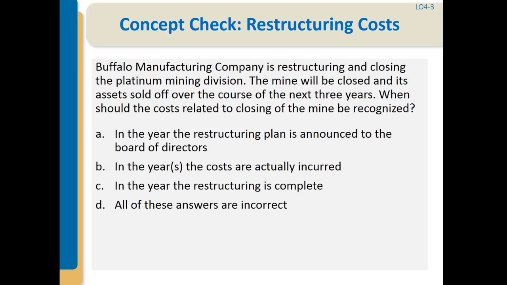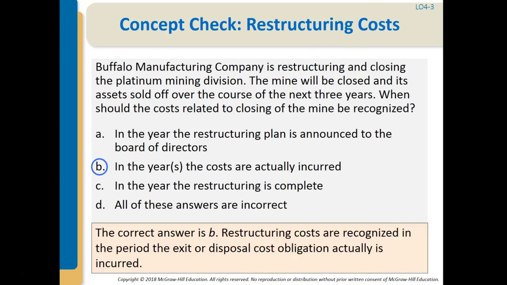B, in the years the costs are actually incurred? C, in the year the restructuring is complete? Or D, all of these answers are incorrect? Well, restructuring costs are recognized in the period the exit or disposal obligation actually is incurred.